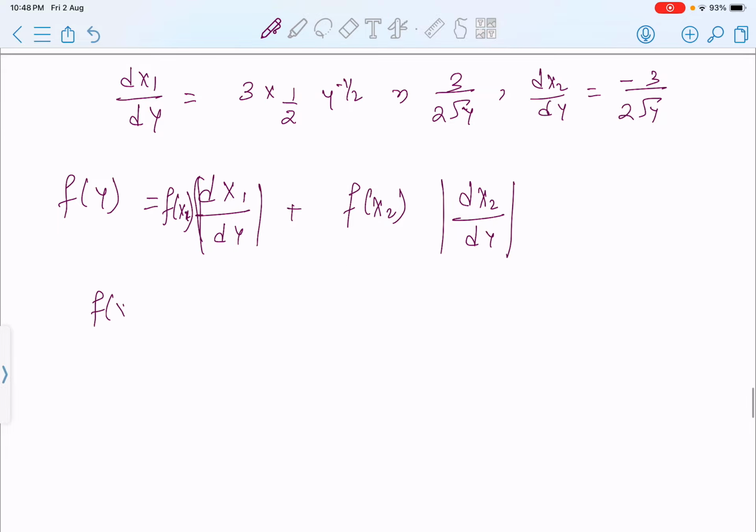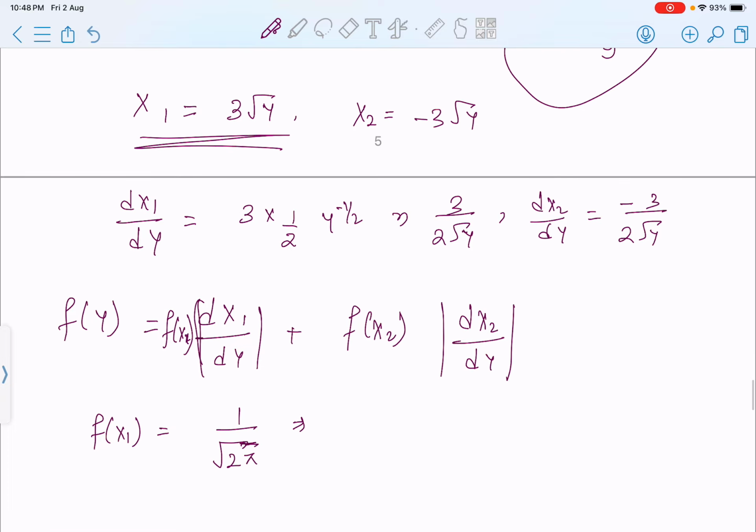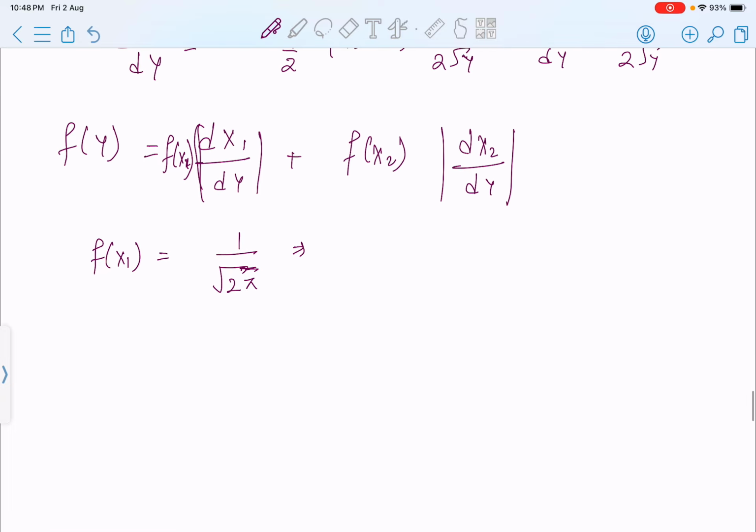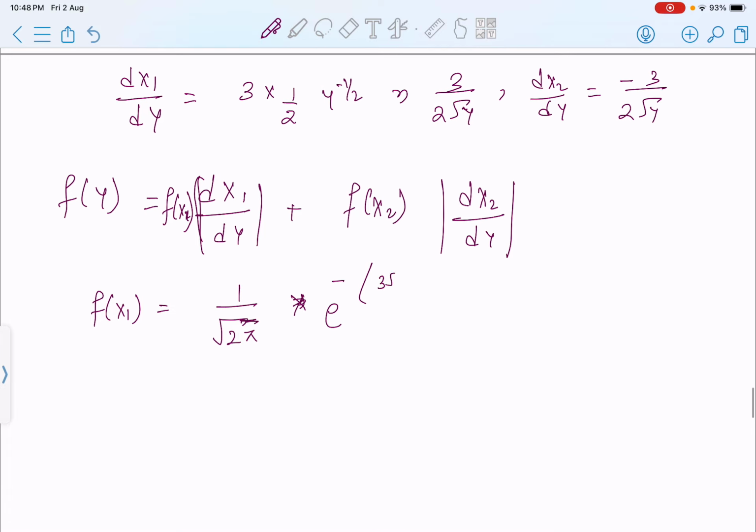And what is f of x at x1? You have to keep x1 in place of x. 1 upon root 2 pi multiplied by e to the power minus x square by 2, where x1 is 3 root y. So x square means 3 root y squared, and then this by 2.